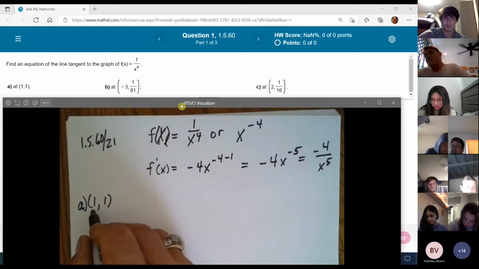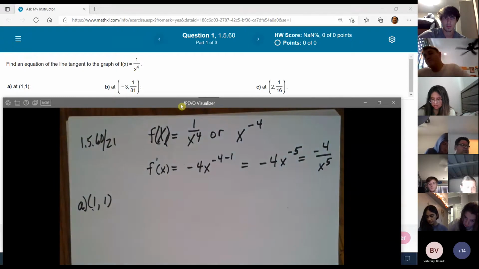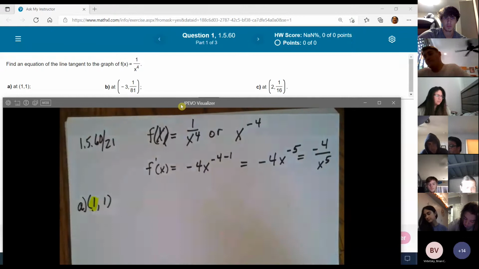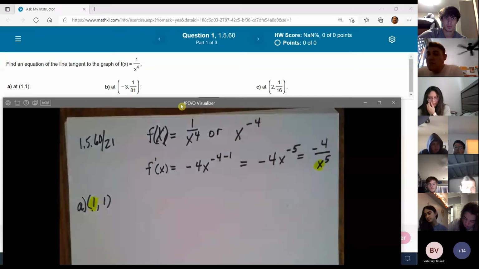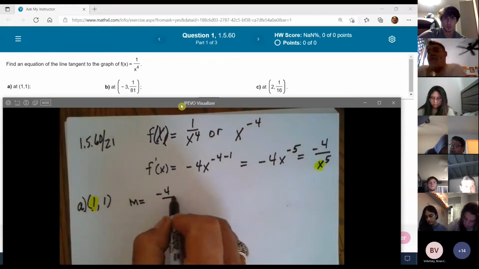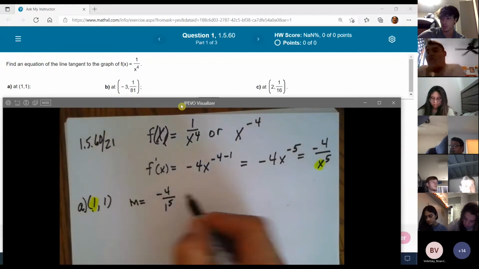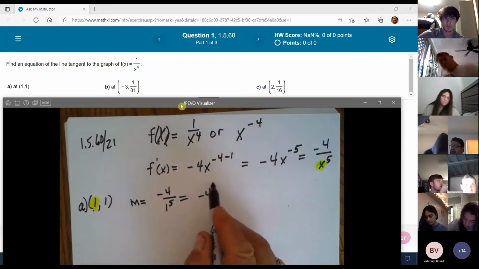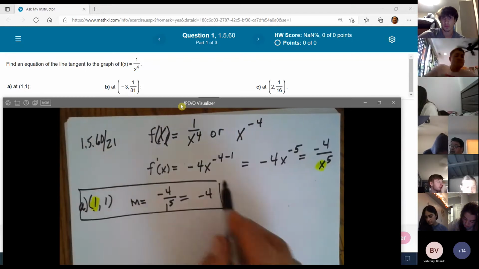Well, I got to plug this in to find the slope. I wish they wouldn't use the same number because that messes students up. So I'm going to take that 1 and plug it in right there. And that's going to give me m is equal to -4 over 1 to the 5th, which is -4. Now I have a point and a slope.